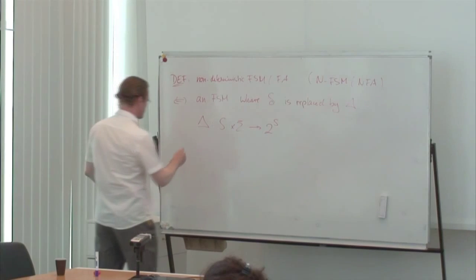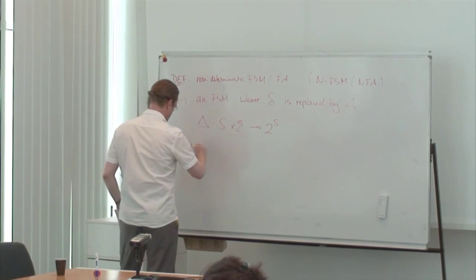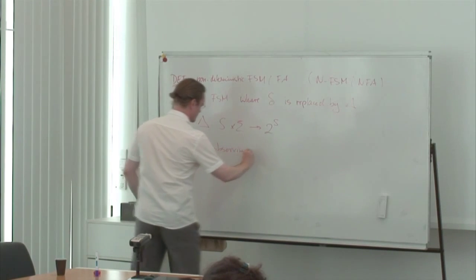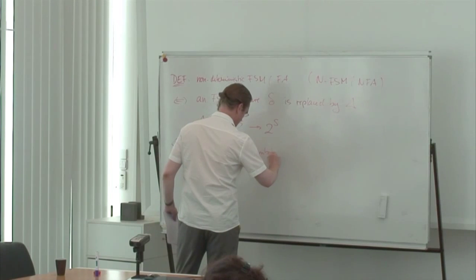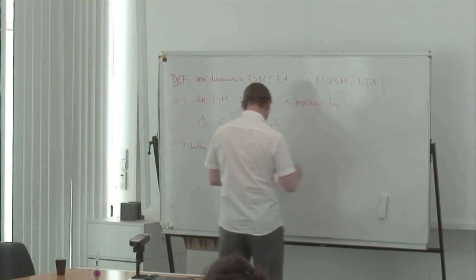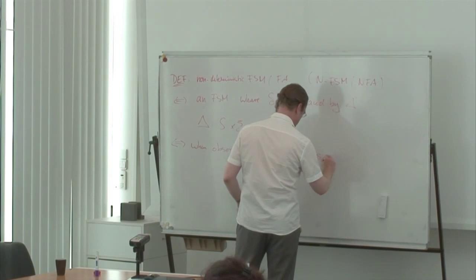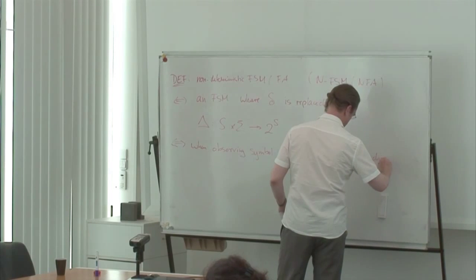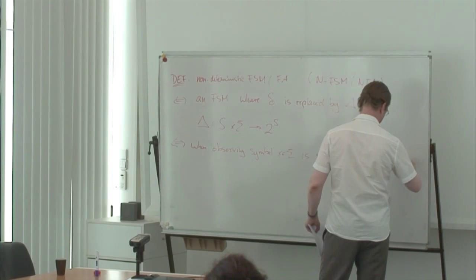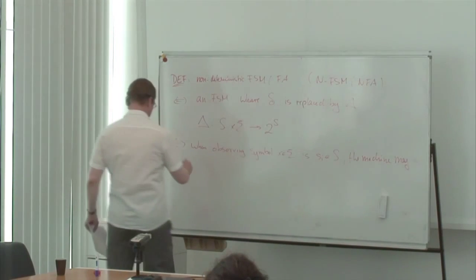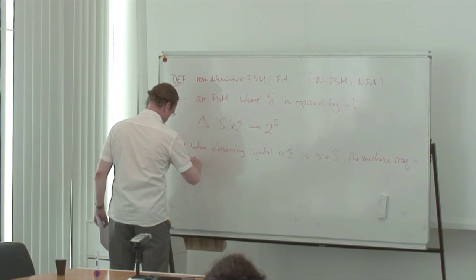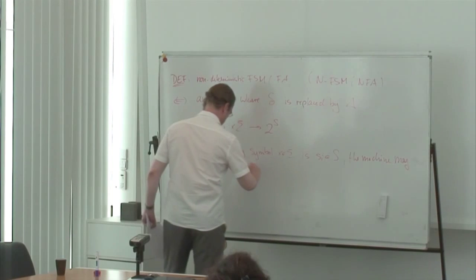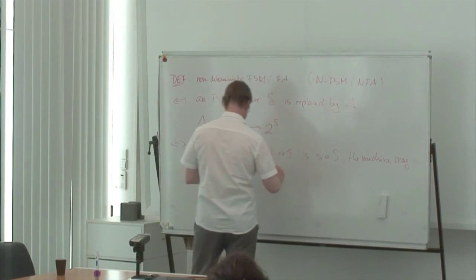So that is to say that when observing a symbol, say X, in state Si, the machine may transit to one out of several states.